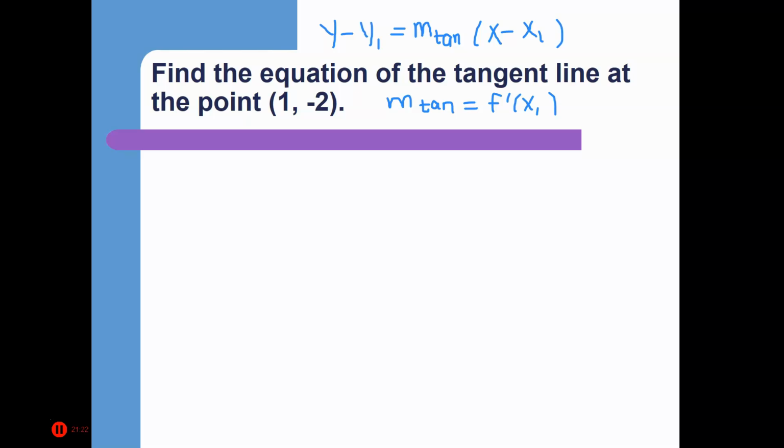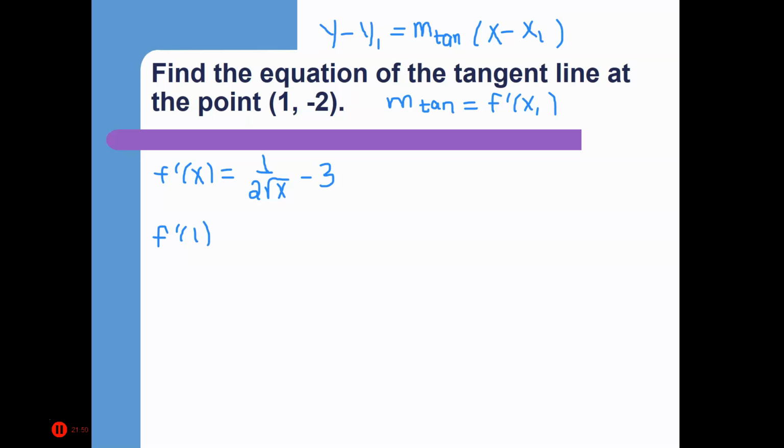So in the case of the previous problem, f prime of x was equal to 1 over 2 square roots of x minus 3. So in this case, the slope of the tangent is f prime of 1, because the point is 1 comma negative 2.